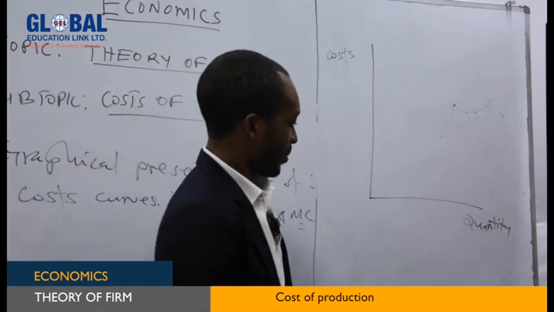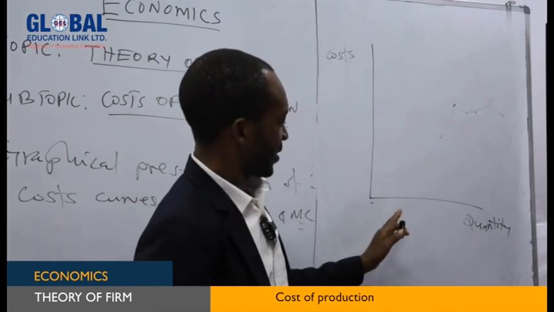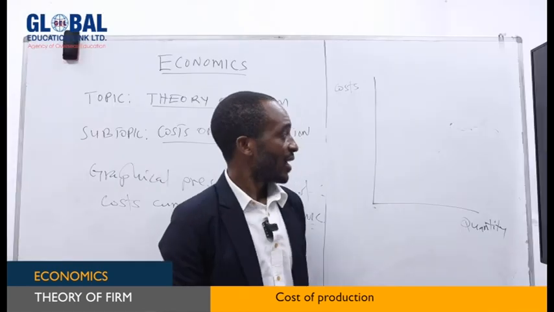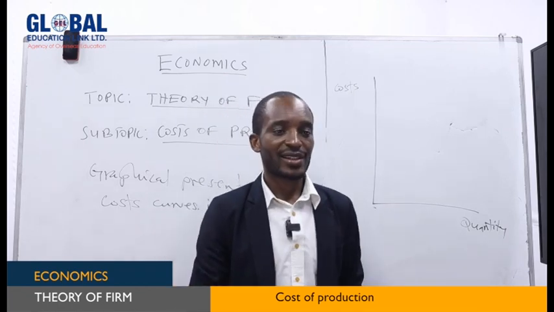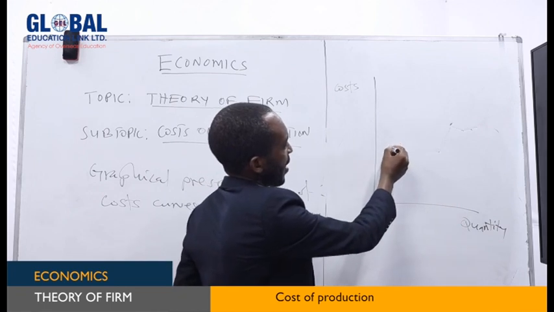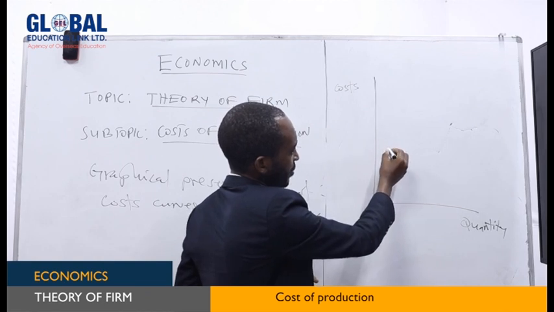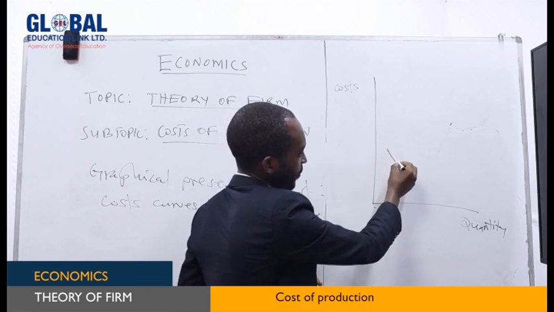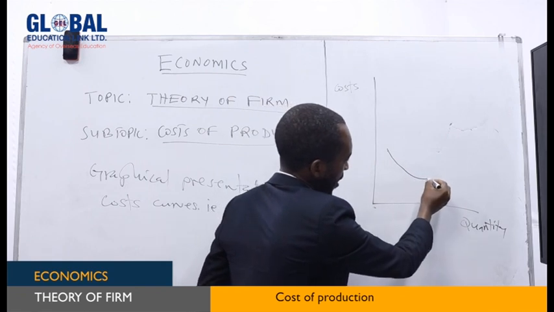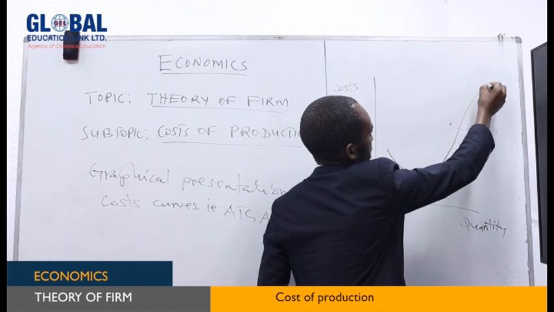At the beginning, when let's say the output is close to 0, the marginal cost is very high. So the marginal cost will start from above, then the cost will be falling, then will start to increase.